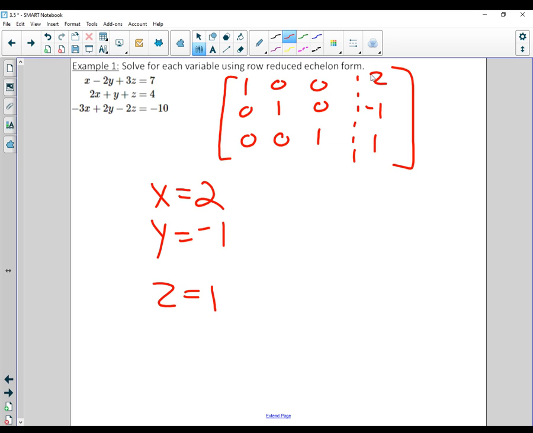Whoever invented matrices is a genius because a computer can do that super fast. Imagine if we had a bunch of equations, how fast a computer could do it. Pretty crazy, right? And if you plug 2, -1, and 1 into all of these, they should all work.